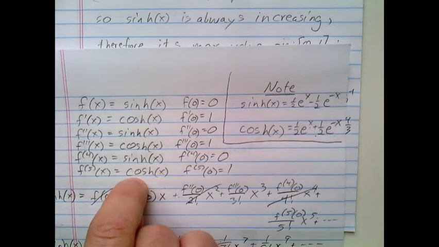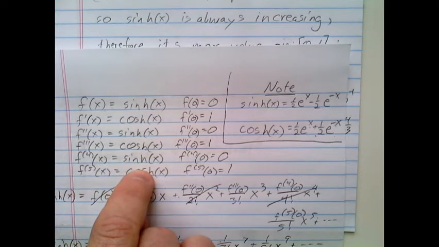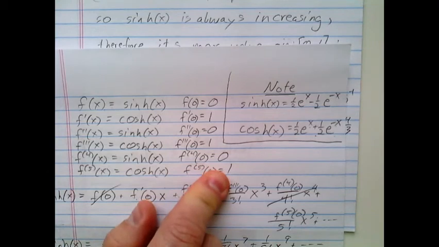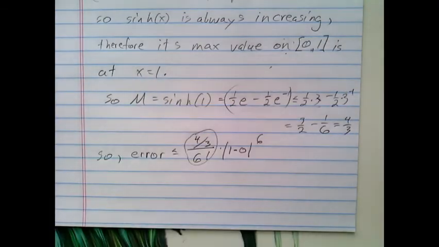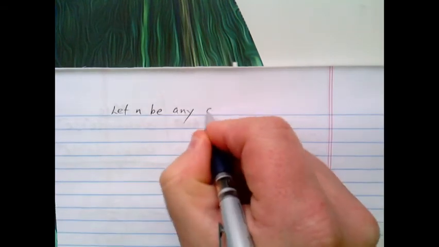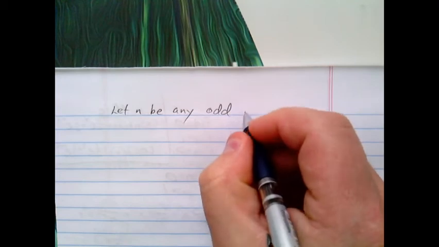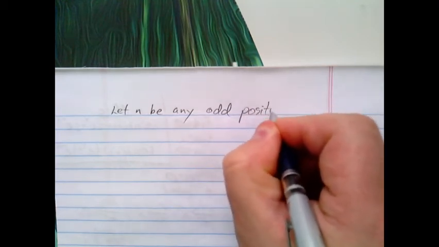If n is odd, any odd order derivative is hyperbolic cosine. That leads to a coefficient of 1, so there we'll actually have a term. So let n be any odd positive number.